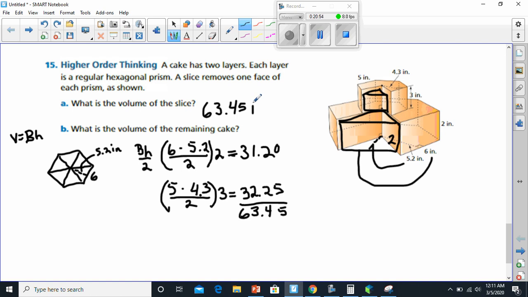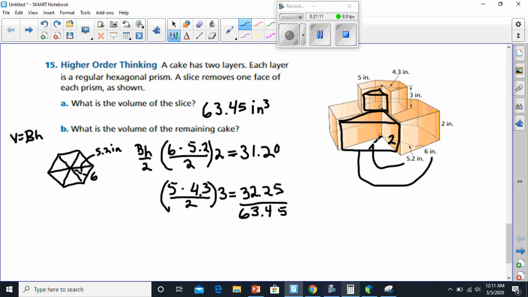It's in inches, so it's inches cubed. Now we have to find the volume of the remaining cake. The remaining cake is going to be the other 5 slices, right? We found the slice of this one, so the remaining is going to be 1, 2, 3, 4, 5.